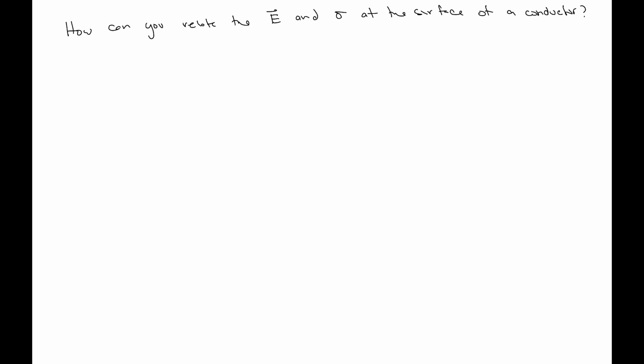Okay, so I'm going to just draw a little surface of the conductor here. Inside our conductor, we've got an electric field equal to 0, but maybe at the edge here, we've got some charge that has accumulated.